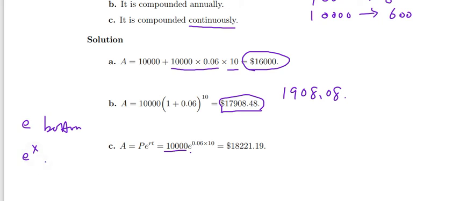Check your calculator and find this button. So e is raised to this power, and 0.06 multiplied by 10 is one number. Check your calculator to do those calculations. Okay, so my result is this.